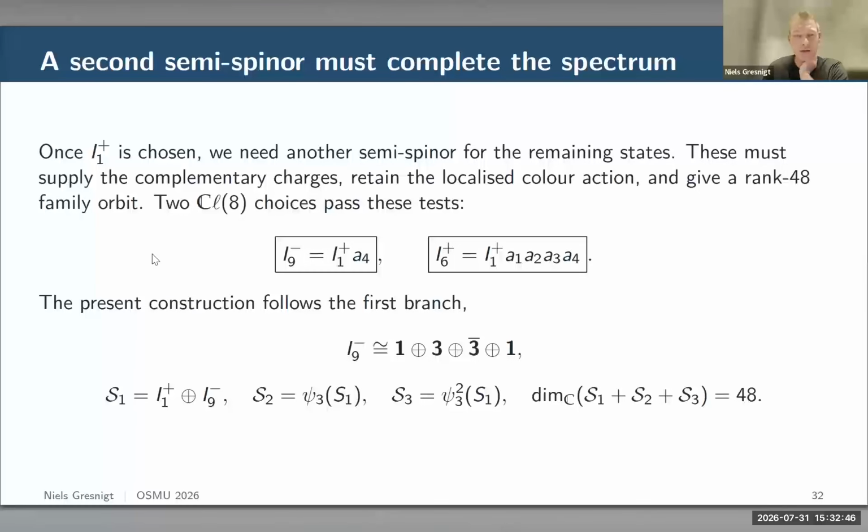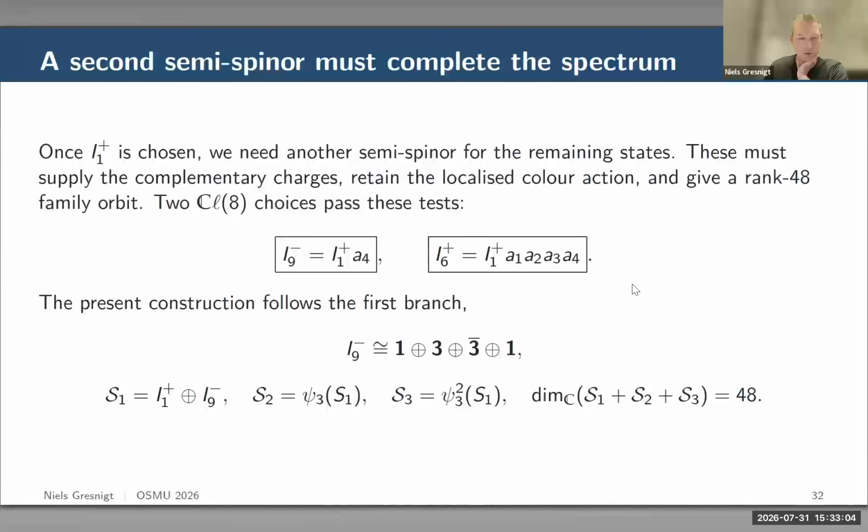So there's sort of two candidates that would work. One is to right multiply the I1 plus by A4, or to multiply it by A1, A2, A3, A4. Both of them would work.